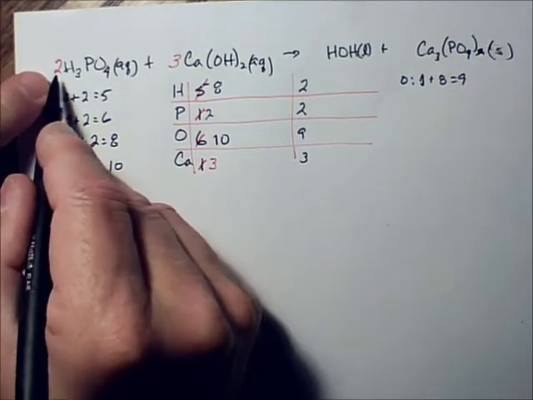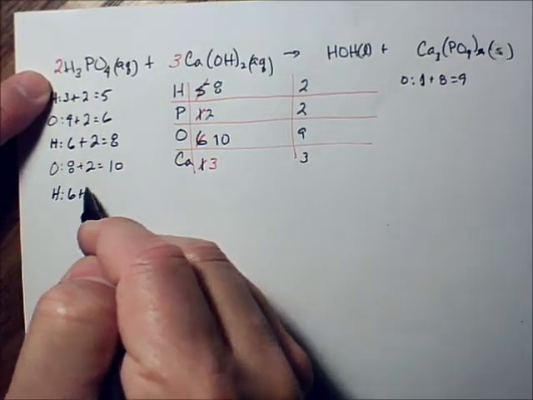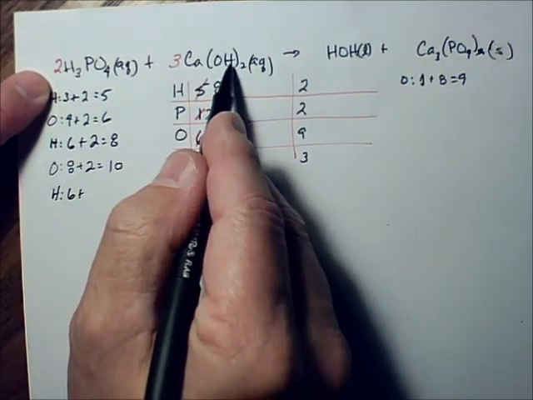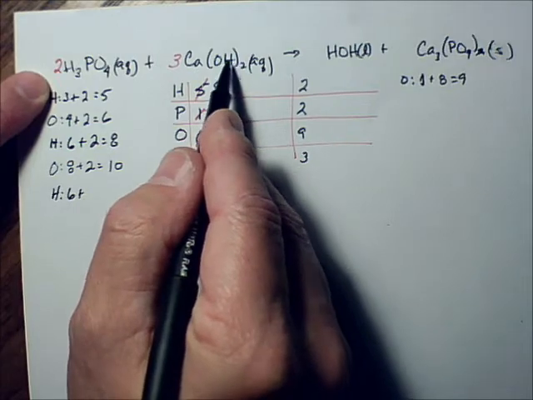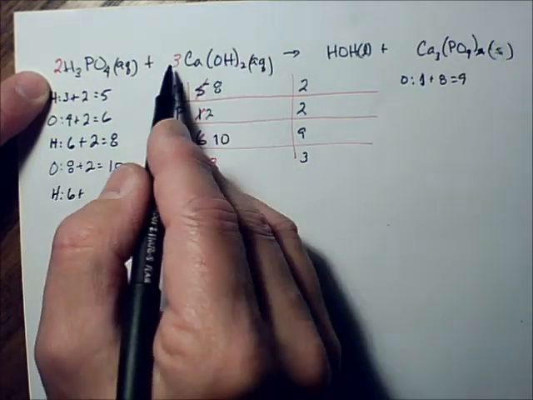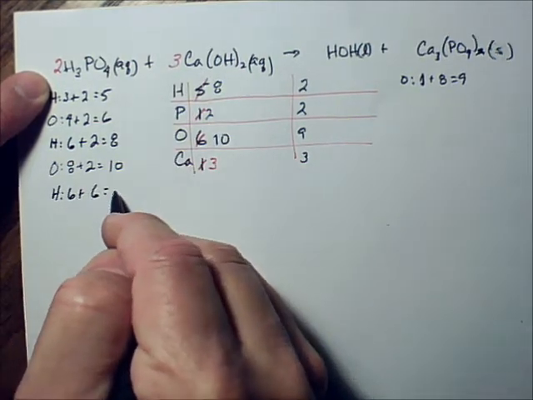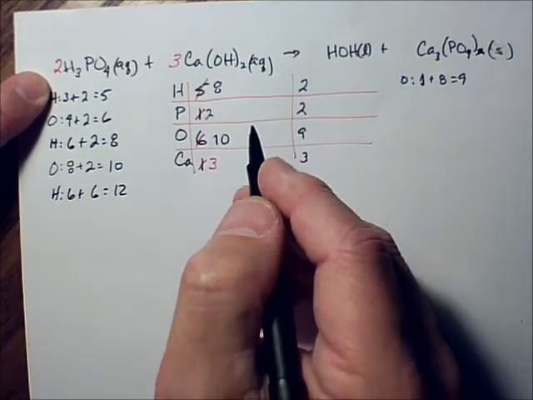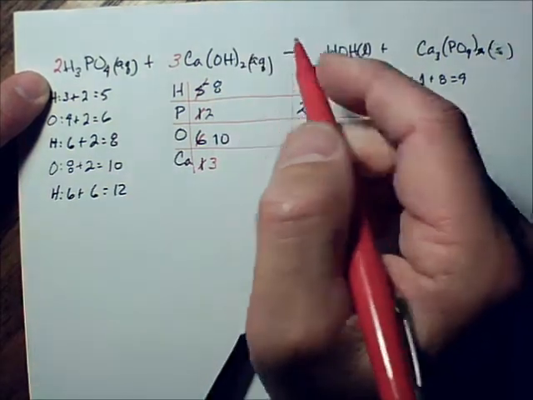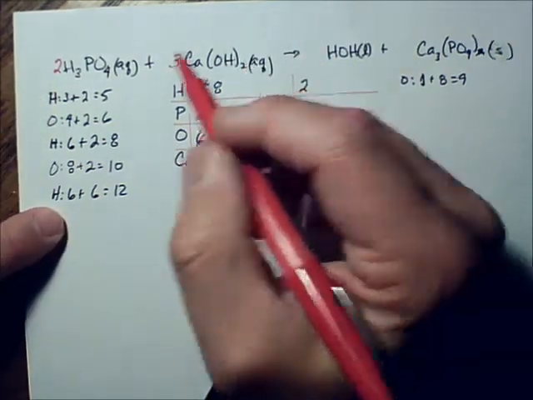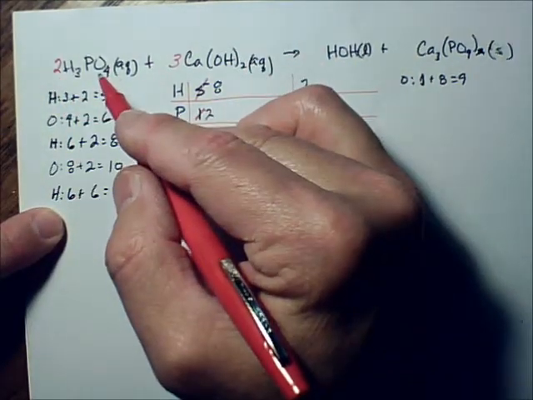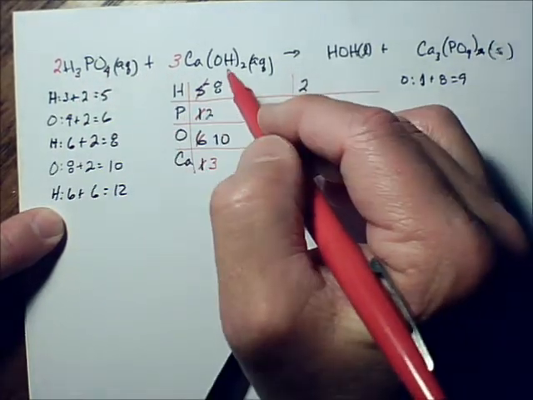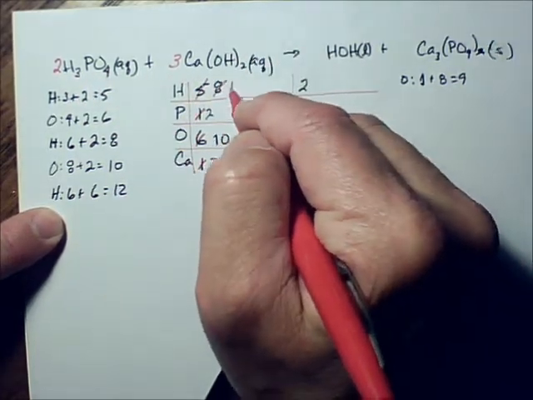Hydrogen: 2 times 3 is 6. And then this 2 here means I have 2 of everything inside, so it's 2 hydrogens times 3 or 6 hydrogens, which makes 12. Hydrogen is going to be 12 now. Yeah, 2 times 3 is 6, and 6 makes 12.